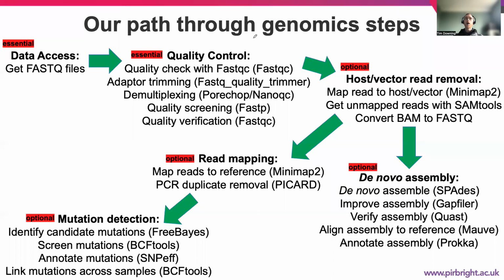For us, we can see this diagram here. What we can follow through there is our FASTQ files over here, and we do quality control. We may do some of these steps or just one. It depends on our library. Certainly, we'll do FastQC at the start, maybe fastp to screen the quality, and FastQC again at the end to check that quality.